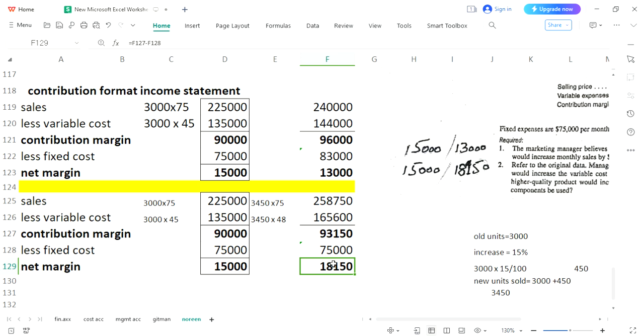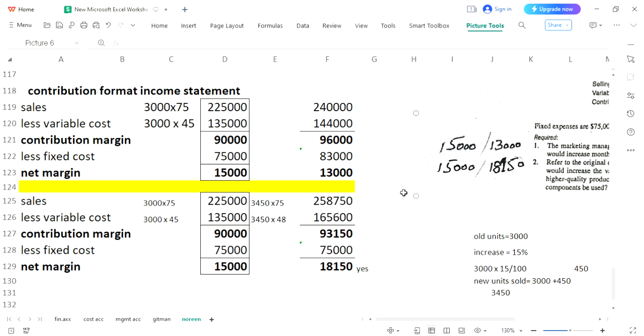So for this option you will say yes, and for the first option, you will write down over here no. As a manager, you will reject this proposal of increase in advertisement. As a manager, you will accept this proposal of increase in quality.